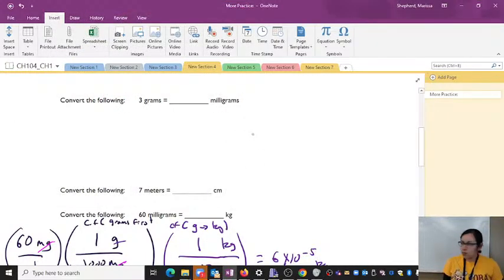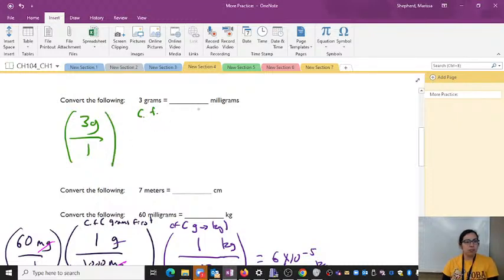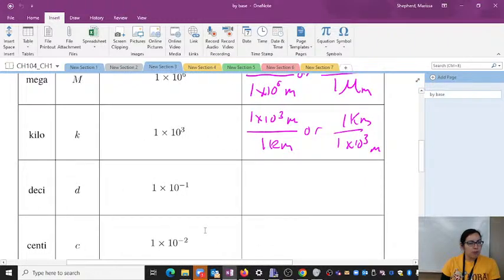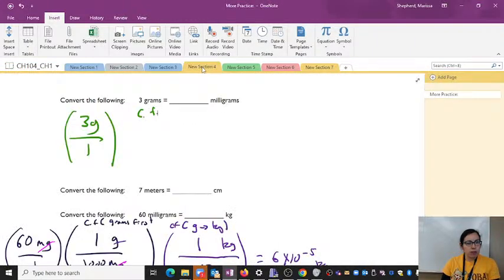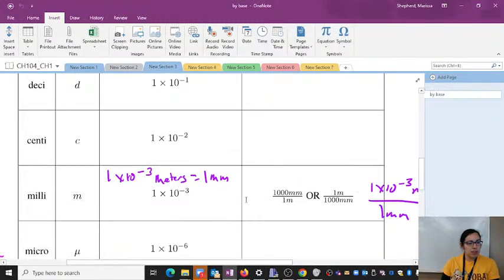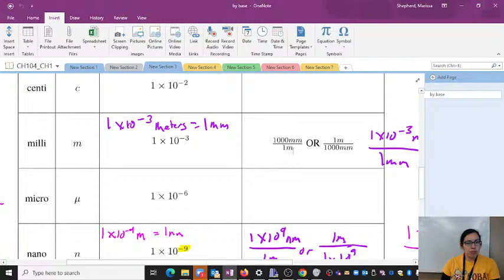All right, I see 3,000 in the chat as well, so let's go over how we got there. Start off with your known, and then we want to pick the correct conversion factor. We could always reference this over here. So we were going grams to milligrams. Milligrams has a factor of 1,000.